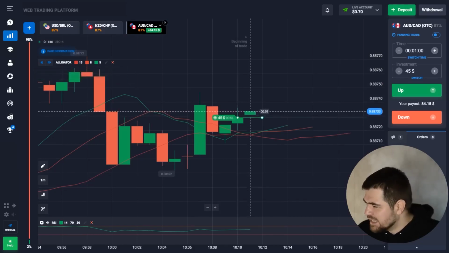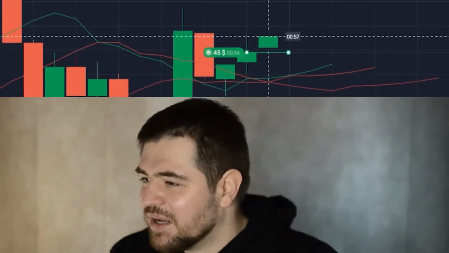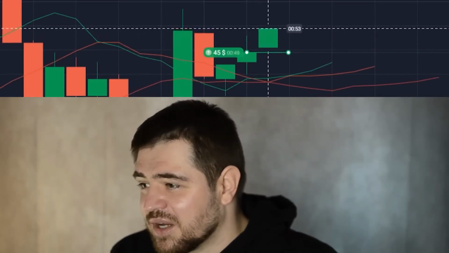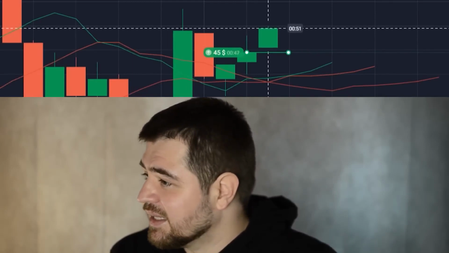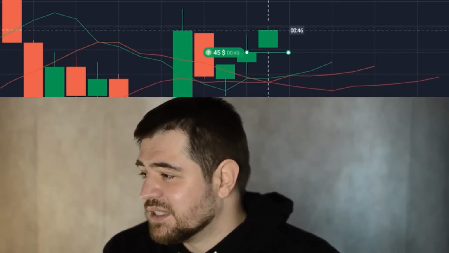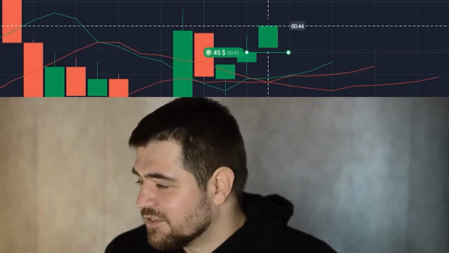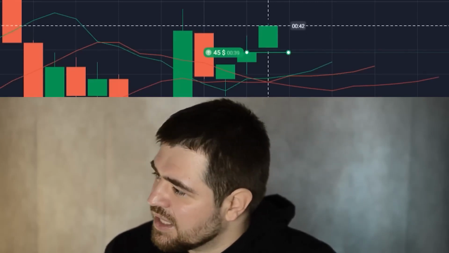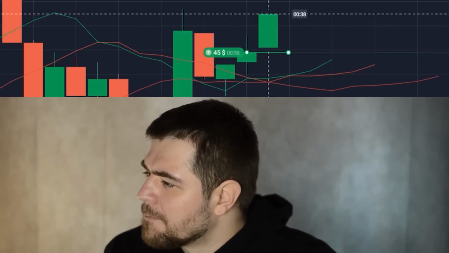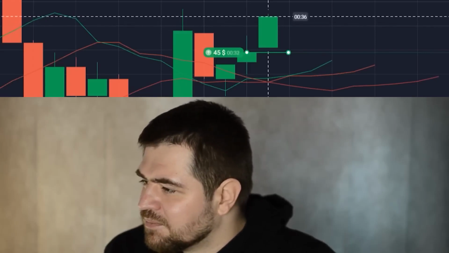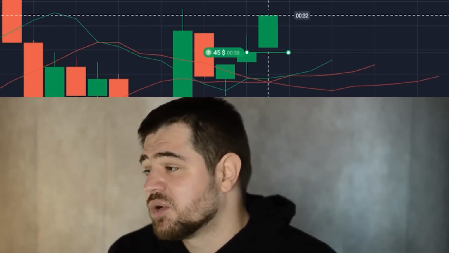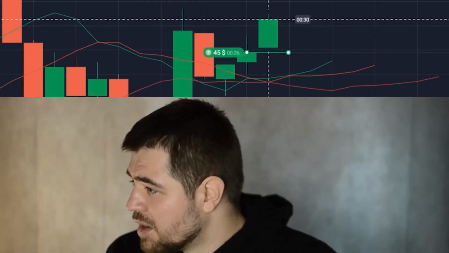It looks a bit messy here actually, but also there is a bullish trend going on, and again you could say there is kind of an interest zone forming there.